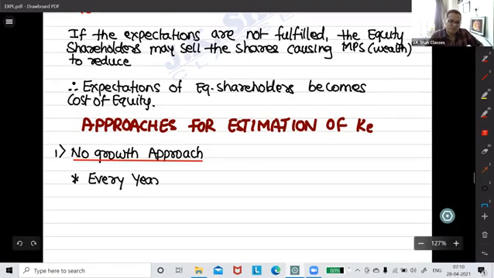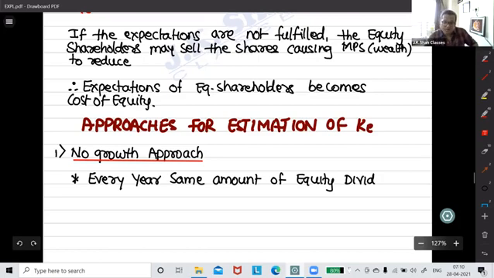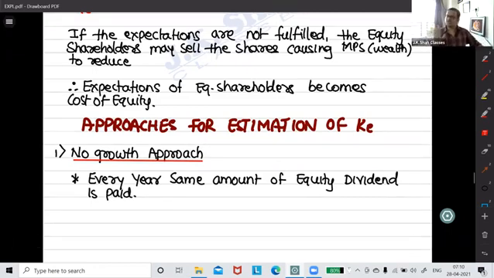Every year, the same amount of equity dividend is paid. Okay. No growth approach. Every year the same amount of equity dividend is paid.